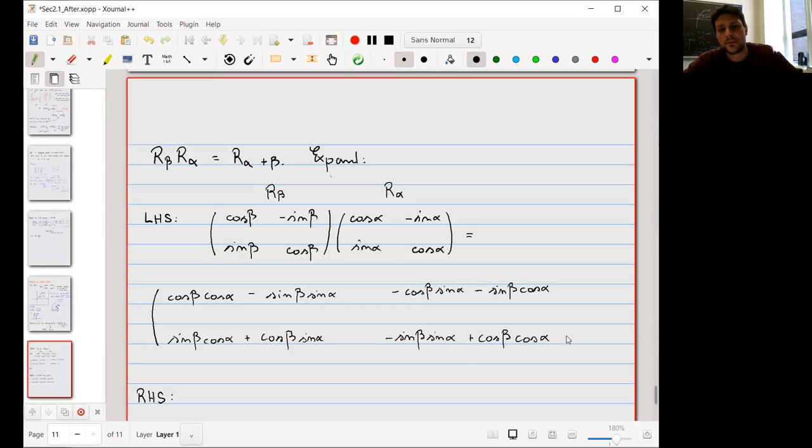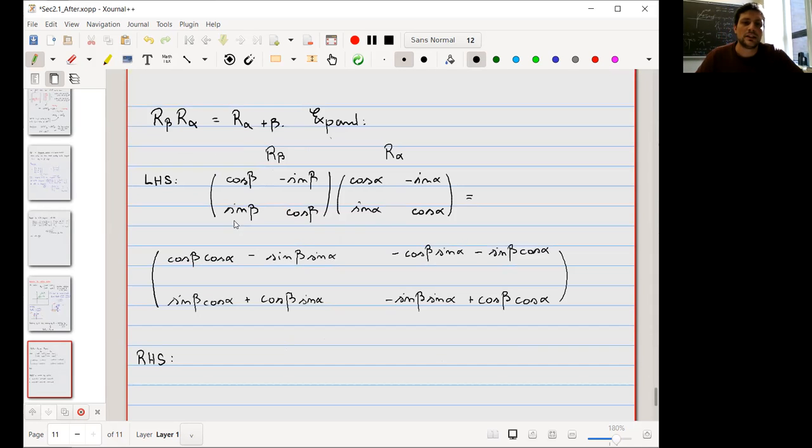The right-hand side of this equality, I'll just write it here, is the rotation matrix attached to alpha plus beta. So we get cosine of alpha plus beta, sine of alpha plus beta, minus sine of alpha plus beta, cosine of alpha plus beta.